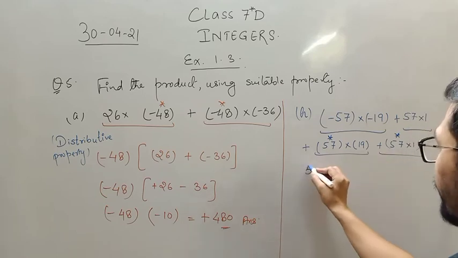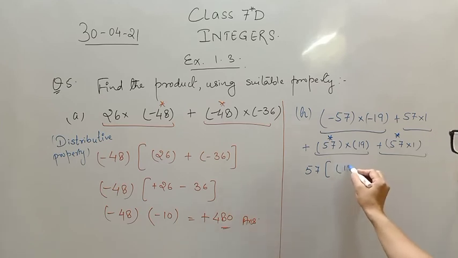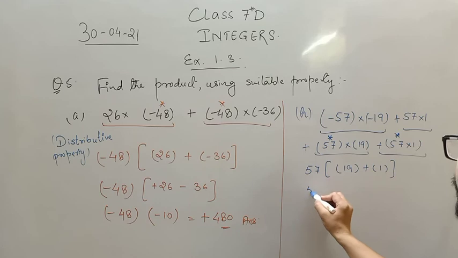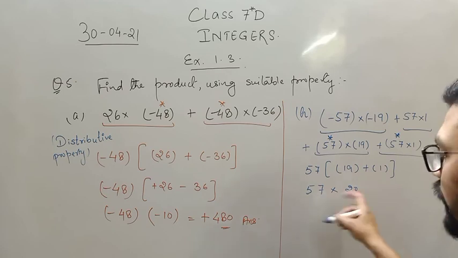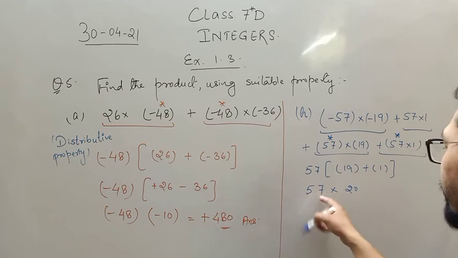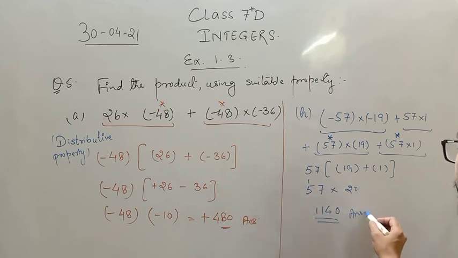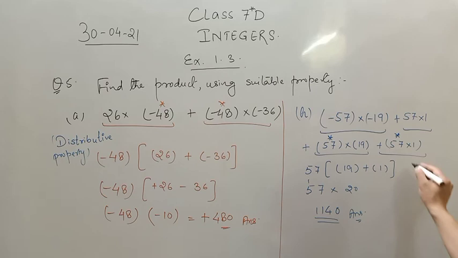Now I just take 57 as common. What I'll get in the bracket? 19 plus 1. So 57 into 19 plus 1 is 20, and 57 into 20 is equal to 0. 2 7s are 14, 5 2s are 10, and 1 is 11. So 1140 is your answer. Even in this question you use distributive property. You can mention here distributive property.